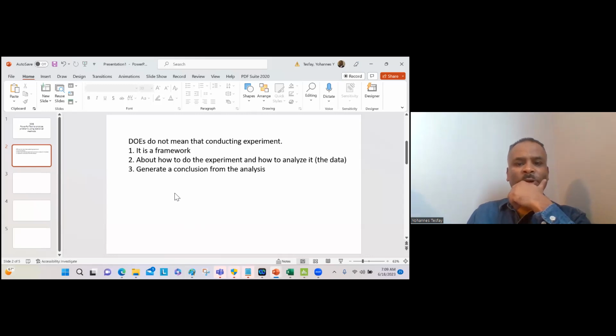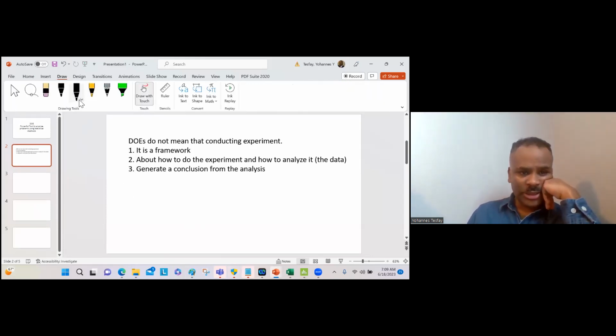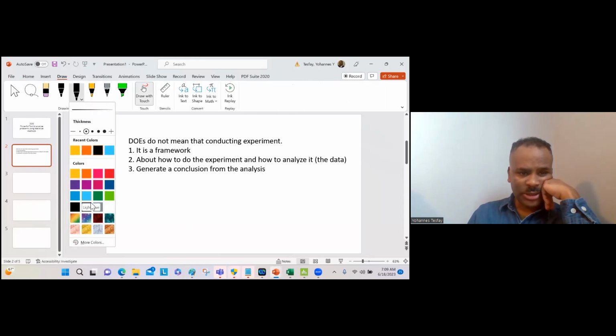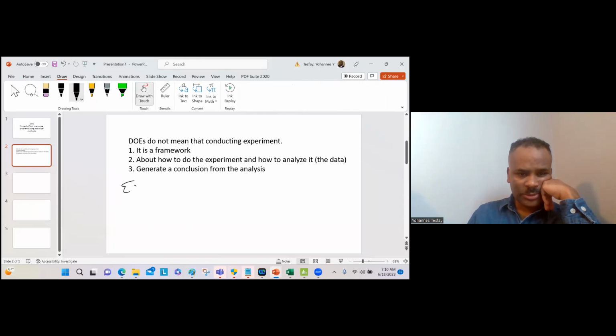So for example, you have so many good examples here. Let's say one example: concrete strengths.